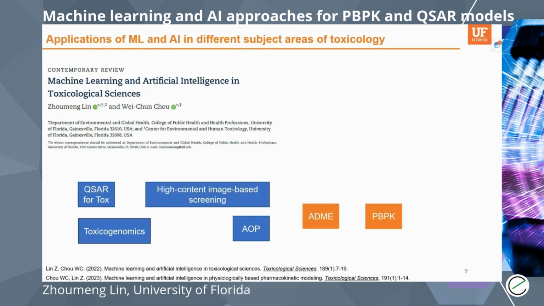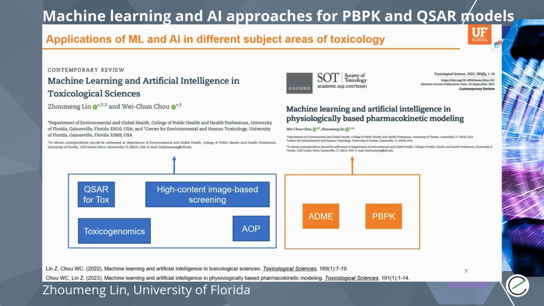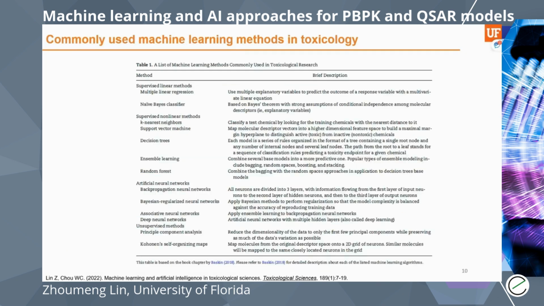And we found that for the ADME and PBPK domain, there are so many studies that they are sufficient for a separate review. So we wrote another review that particularly focuses on PBPK modeling. In our review, we analyze existing methods that have been applied in this field.